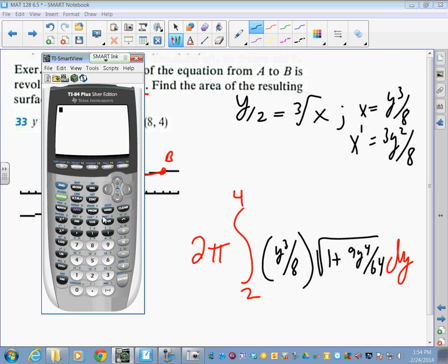I'm trying to bypass all this. So it's 2 pi times x, which is y cubed divided by 8.